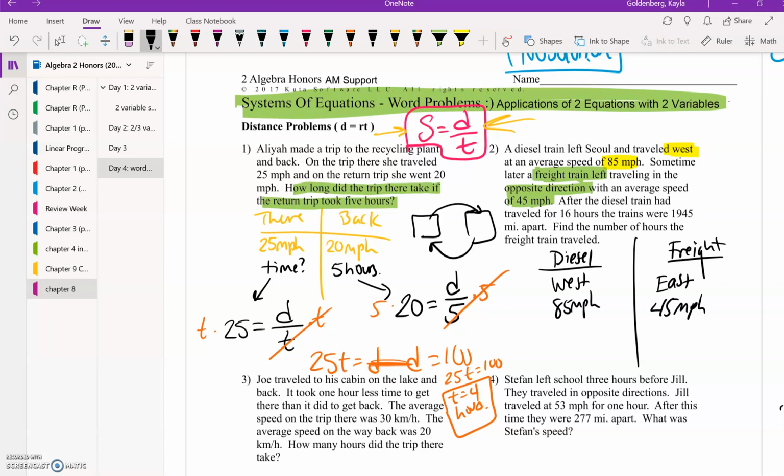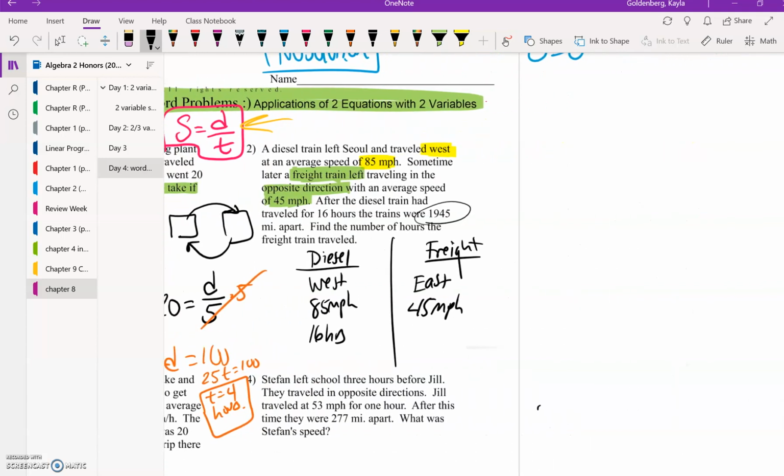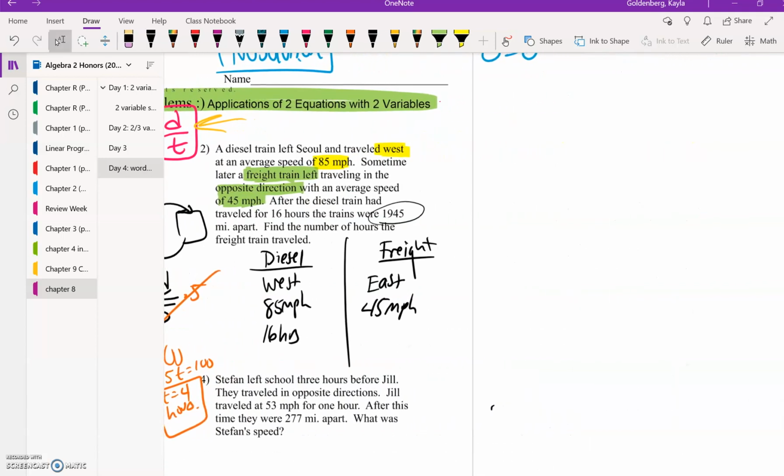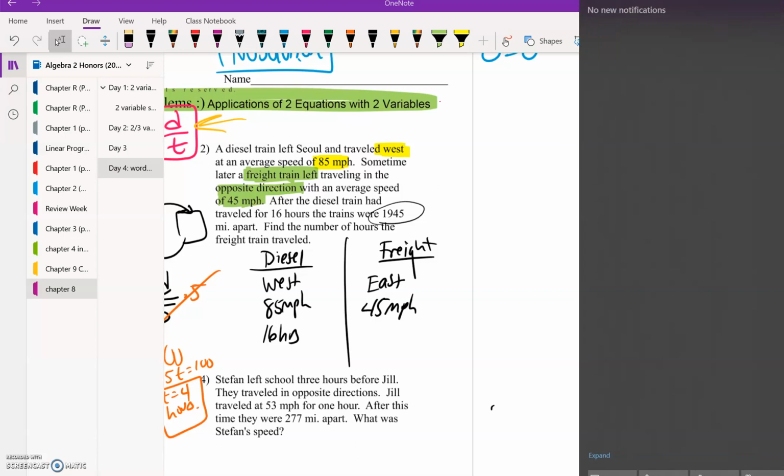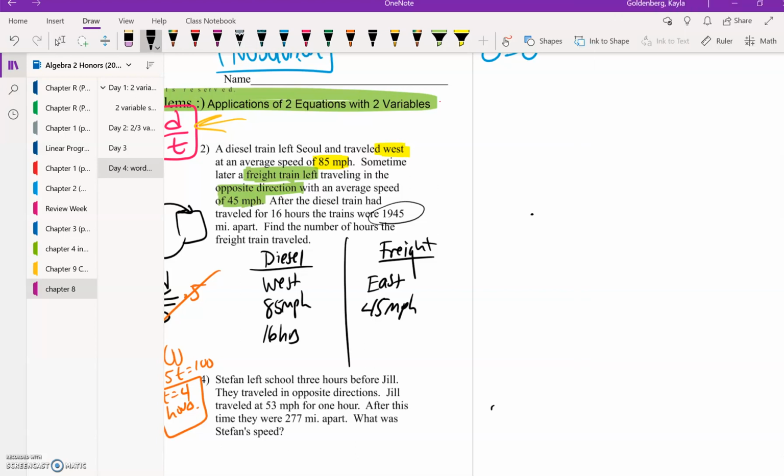After the diesel train had traveled for 16 hours, so 16 hours, the trains were 1,945 miles apart. Find the number of hours that the freight train traveled. I'm going to scooch this over here just so I have some space. Okay, so let's get a picture of this maybe. So this is my diesel, traveling west, and it's going 85 miles per hour.